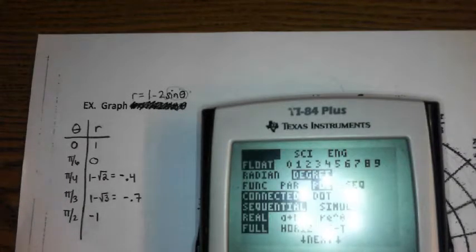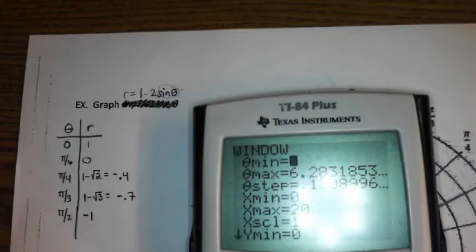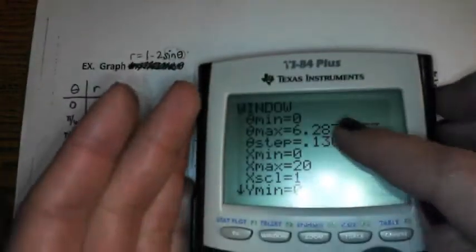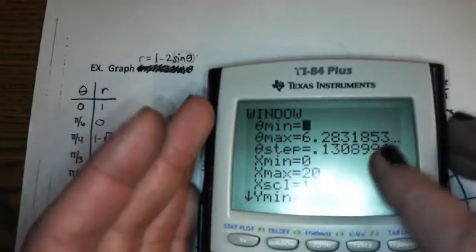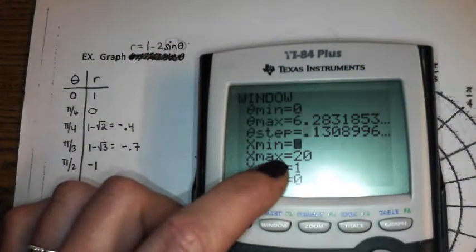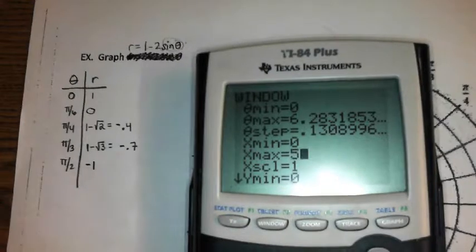I think I might have been working with geometry kids, so I'm in degrees. I need to make sure I'm back in radians. Now, for our window, your theta min and max is going to be 0 to 2 pi by default. And your x min and max, this one goes from 0 to 20. We know that our radius really didn't go anywhere bigger than 3, was it? So I'll go 0 to 5.